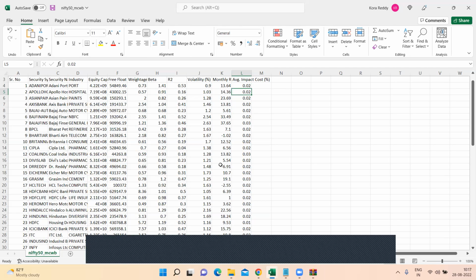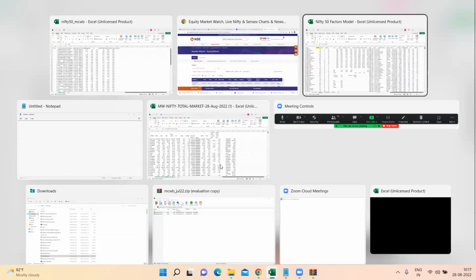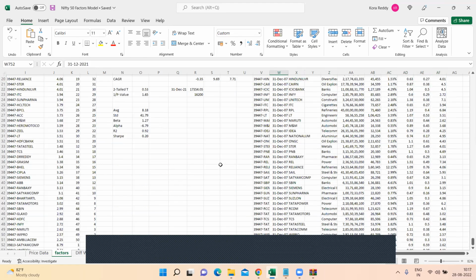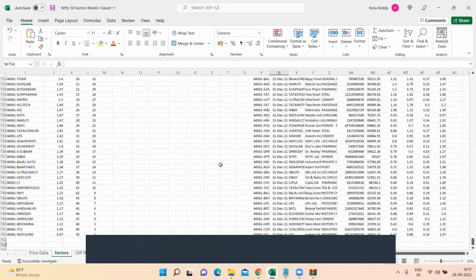You can do it in whatever the way you are comfortable, either March to March or December to December. So I've taken each December file and put it here. So the same security name, industry, equity weight, beta, R square and volatility. So this file you have all the way up to December 21. So if December 22 comes, I will again put it.